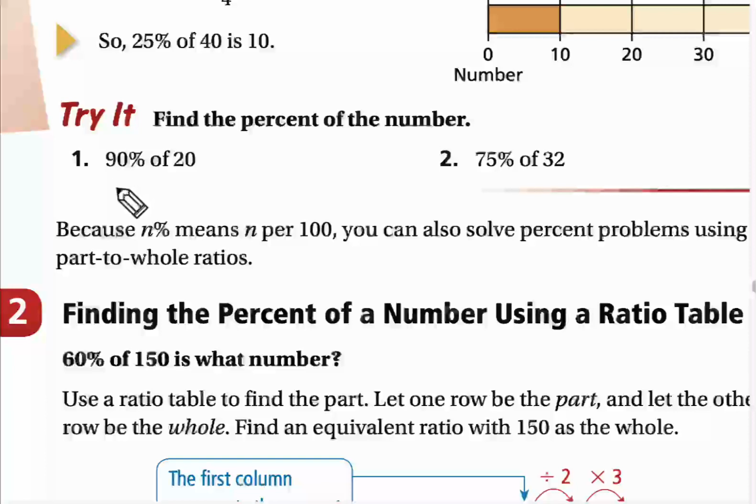We have 90 in the numerator and 100 in the denominator, so we can write this as 90 over 100.